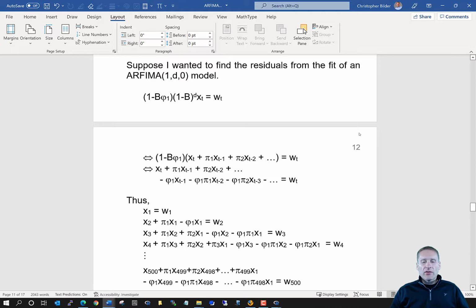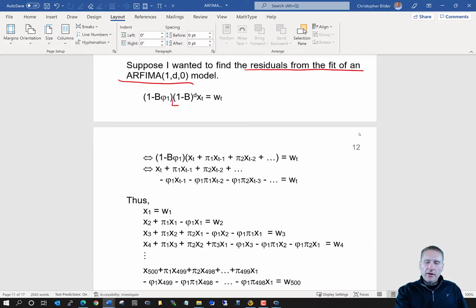Now, let's say also that I wanted to explore these residuals further from this kind of model. And I wanted to obtain the residuals, let's say now from a fit of an ARFIMA 1,d,0 model. So how would I go about doing that?